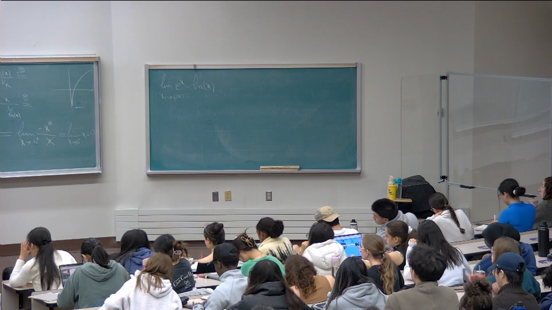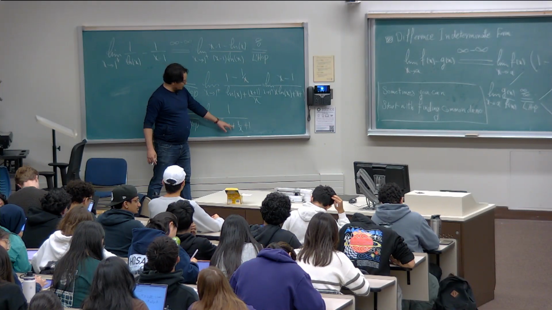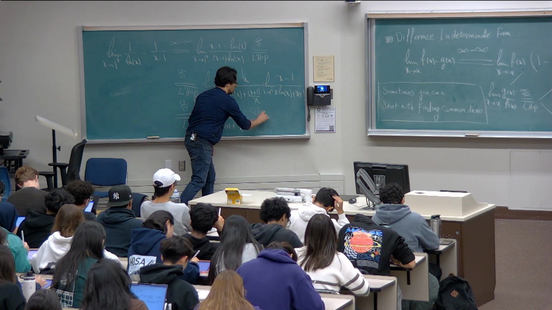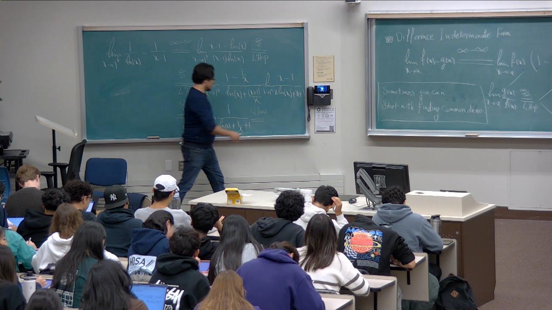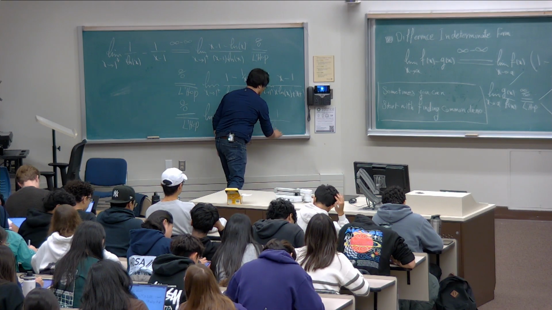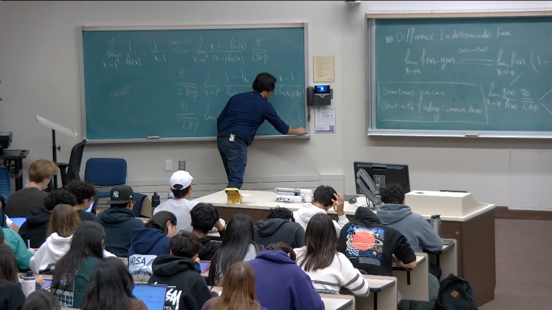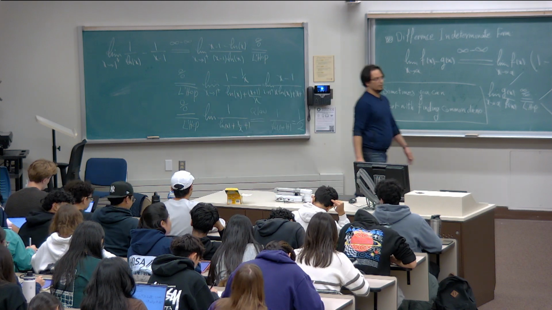So this is 1 over ln of 1 plus 1 plus 1. So this is just the quotient law and direct substitution, which gives me 1 over ln of 1 plus 1 plus 1, which is 1 over 2.